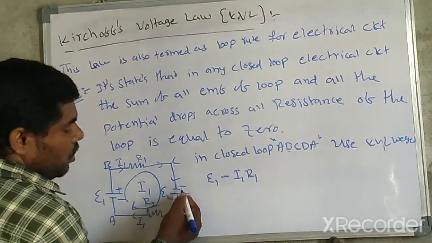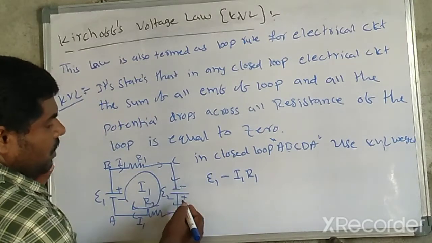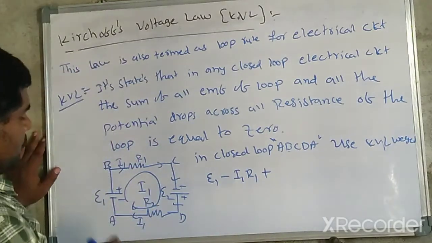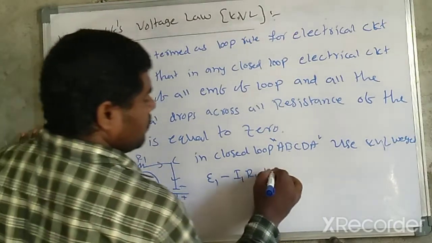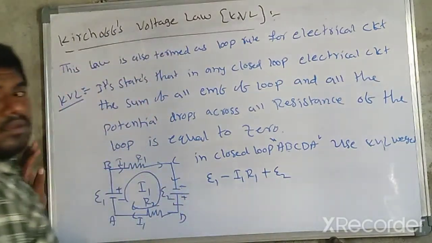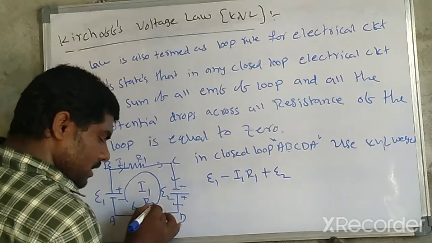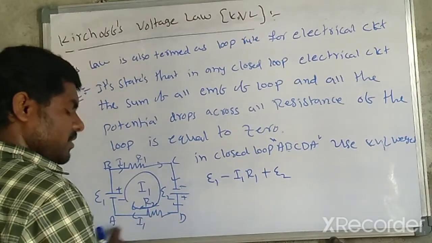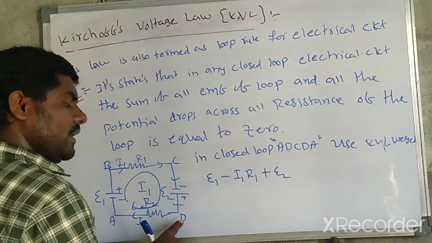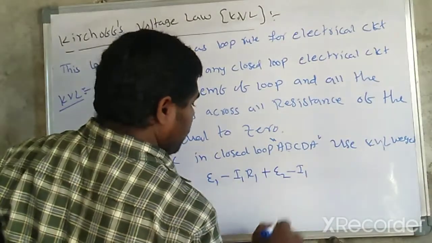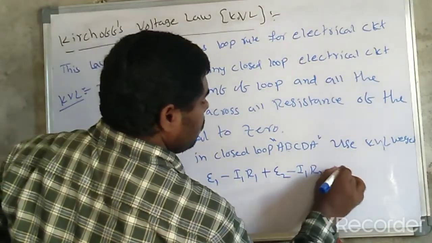Here it is lower to higher, that's why plus EMF E2. Here the current and your path direction are also D to A, that's why minus I1 into R2 is equal to 0.